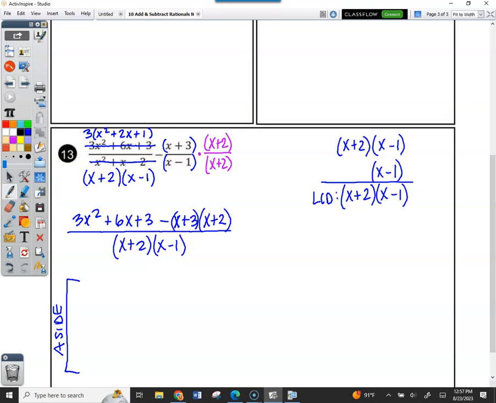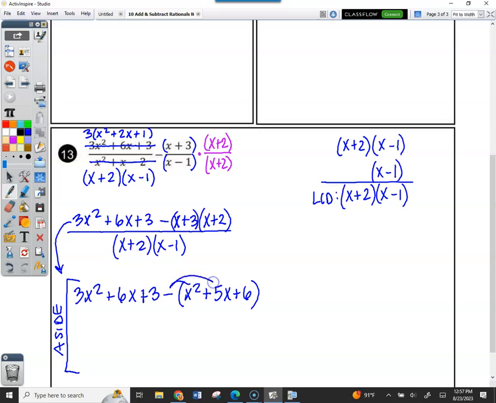So I'm just going to pull that over here, work on it, and then plug it back in, okay? Minus parentheses. Multiply that out. You should get x squared plus 2x plus 3x plus 6. I just went ahead and added the middle terms.